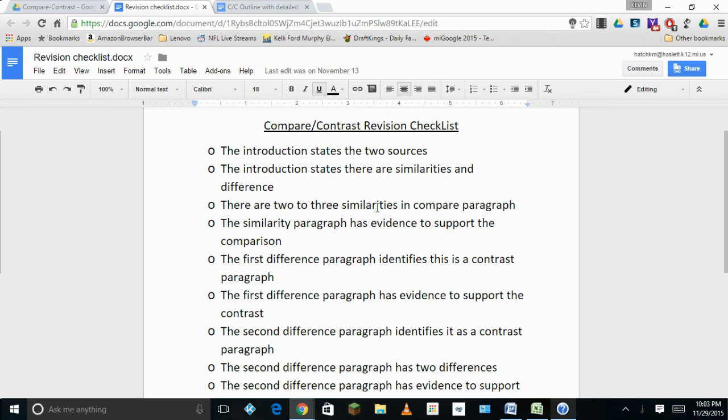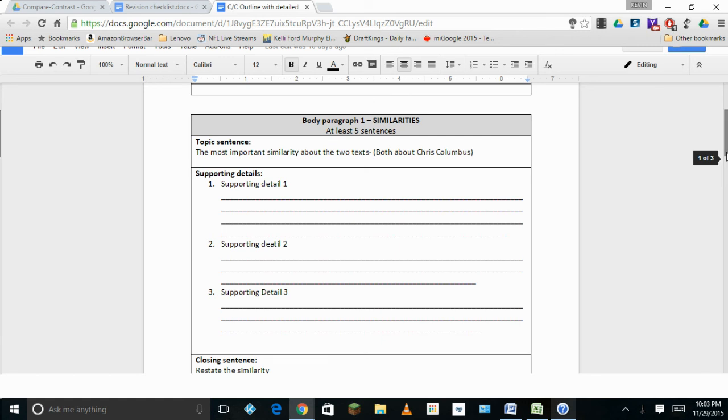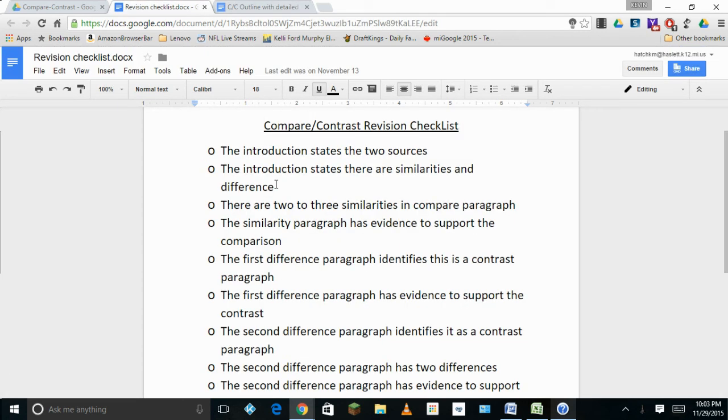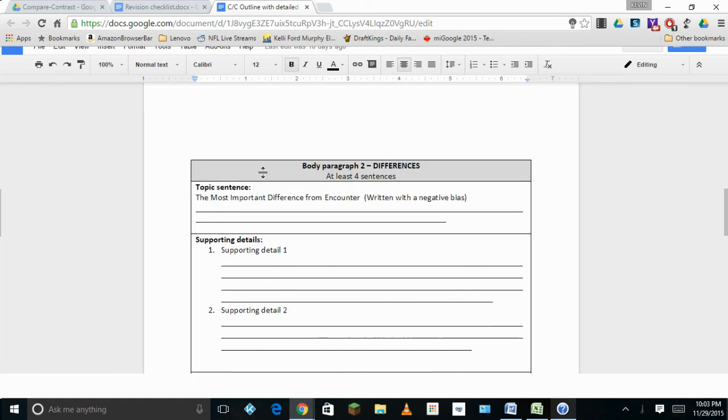There are 2 to 3 similarities in the compare paragraph. We're looking for 3. If you go back to the outline, compare is the same thing as similarity. We have 3 supporting details. The first difference paragraph identifies that it is a contrasting paragraph. You go back right there. Most important difference or contrasting thing.